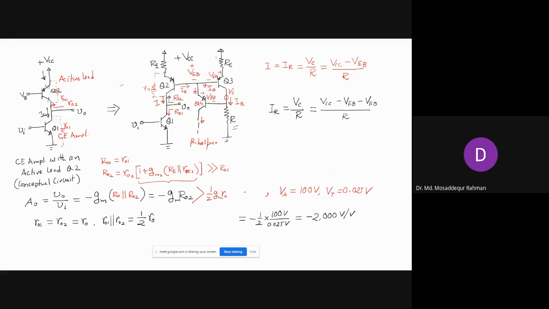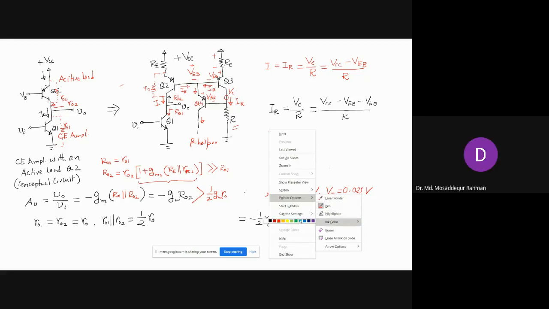And what would be the drop here, sorry, in RE? IE RE. So you didn't consider that, no? Oh, yes, sir, I should consider that. Then minus IE RE also.